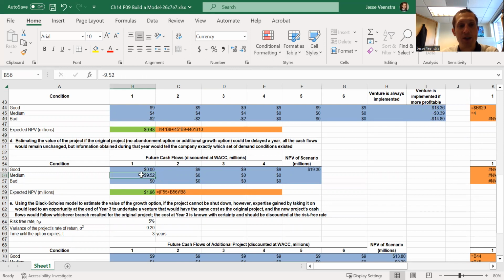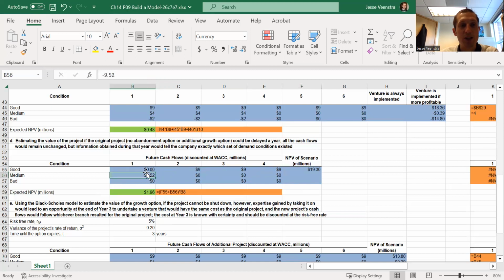And I put this negative 9.52 here in the medium category just for my calculations, because we need to have a 0 cash flow for our net present value. And so the net present value of this scenario is these streams of cash: 0 in year 1, 9, 9, and 9, with an initial investment in year 1 of negative 9.52.